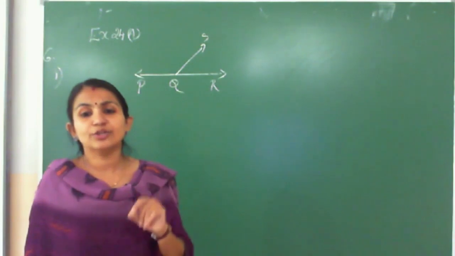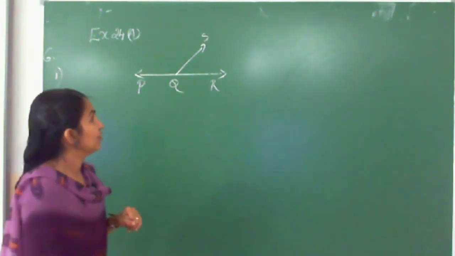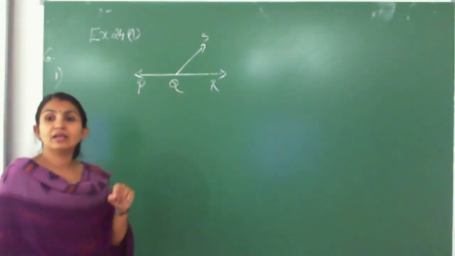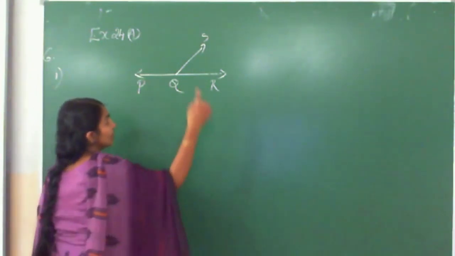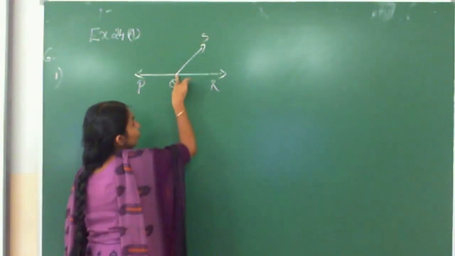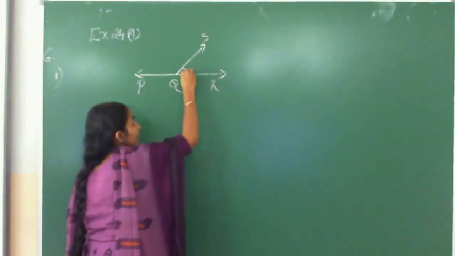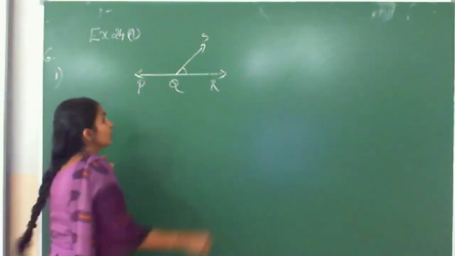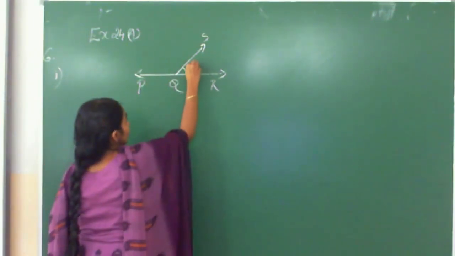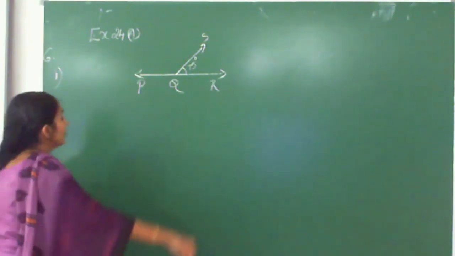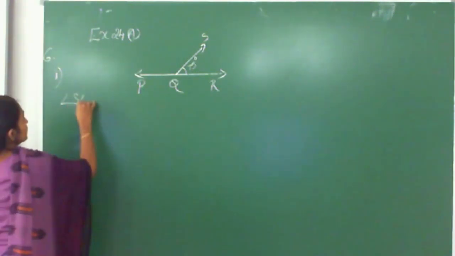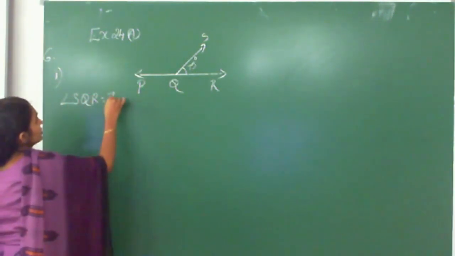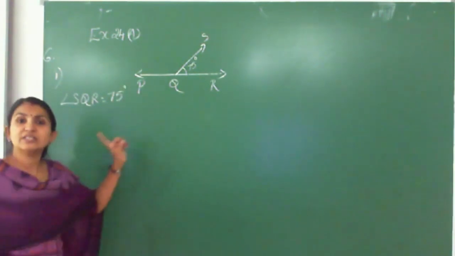Angle SQR is equal to 75 degree. What is angle SQR? Just start from S, Q, R. So this angle is given. Just write there 75 degree. Now we are going to write here angle SQR is equal to 75 degree, which is given there.